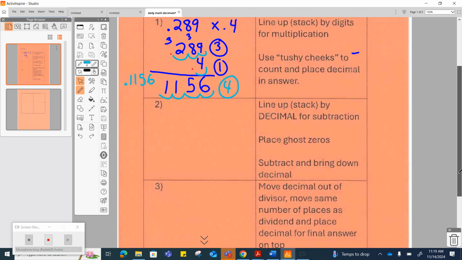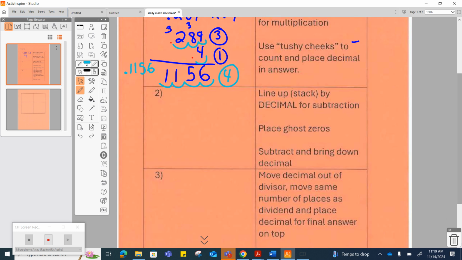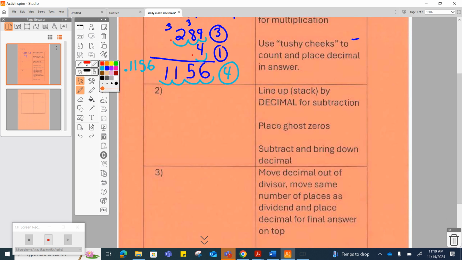The next problem that you were given, 28.9 minus 0.07, or 28 and 9 tenths minus 7 hundredths. For subtraction, you line up or stack by the decimal.